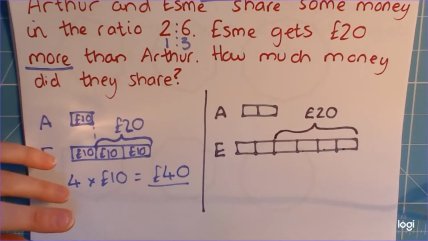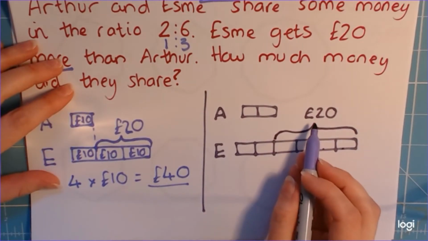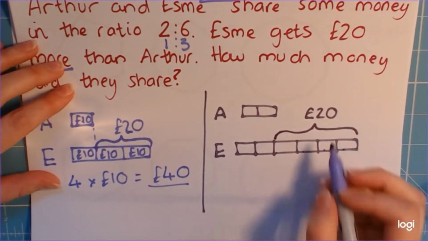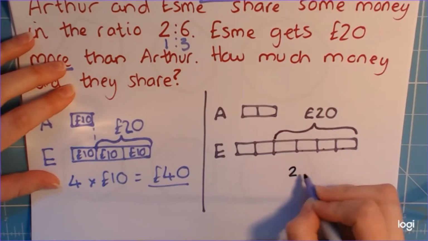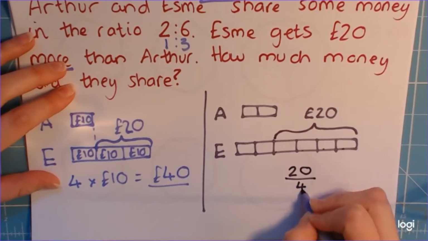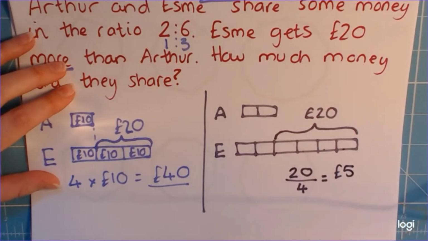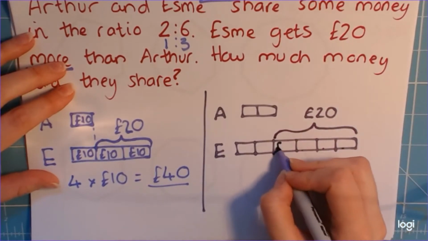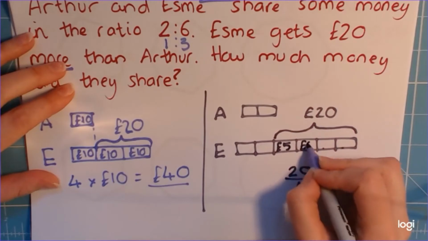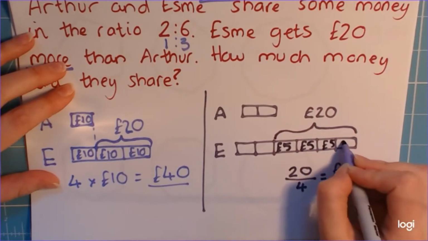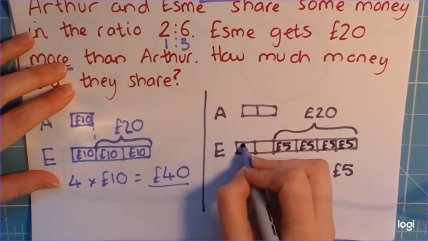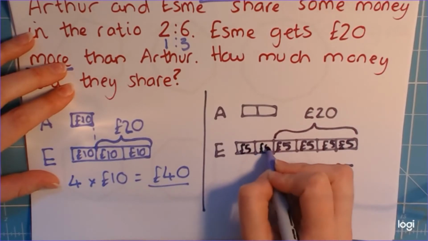That's not a nice one to do in your head necessarily, so you might need to do a division. You're going to do 20 divided by 4, and that tells you that there are £5 going into each little box. So 5, 5, 5. We're going to put that in every single box.